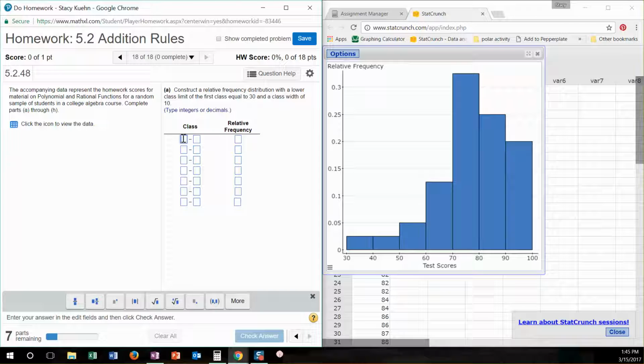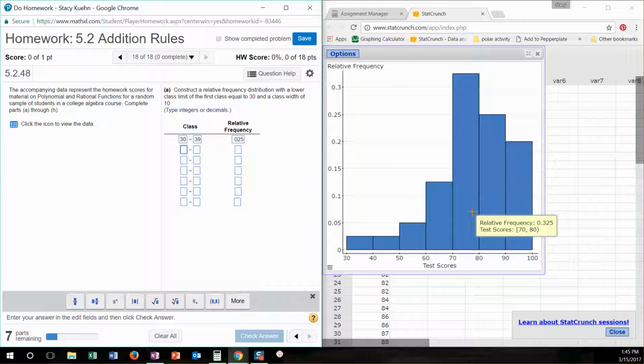So for the purposes of this homework problem, the first bin has a class from 30 to 39, and the relative frequency for that bin was 0.025, which came because I hovered my mouse over that bin. Now when I hover over the next bar, you can see that this has a class from 40 to 49 and a relative frequency of 0.25.